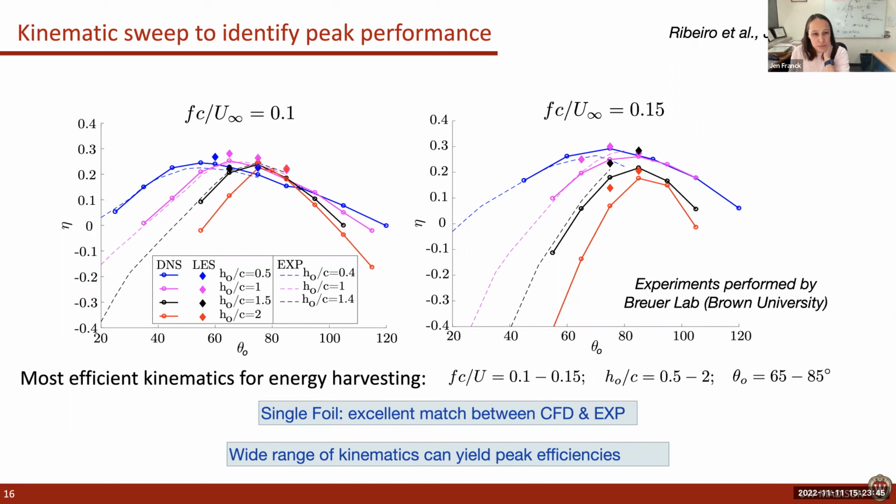So if you circled the most efficient of these kinematics, you'll see that there is a quite wide range of kinematics that give you these peak efficiencies. Those numbers are down below on the slide here. This is good if you're designing a device.